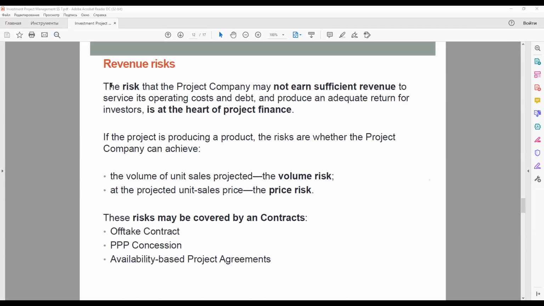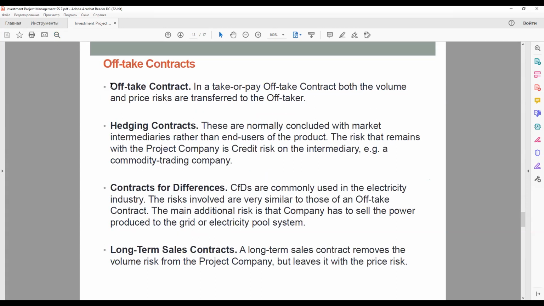So let us check the offtake contract. In a take-or-pay offtake contract, both the volume and price risks are transferred to the offtaker, who purchases your services. In principle, then, no significant revenue risk is left with the project company.